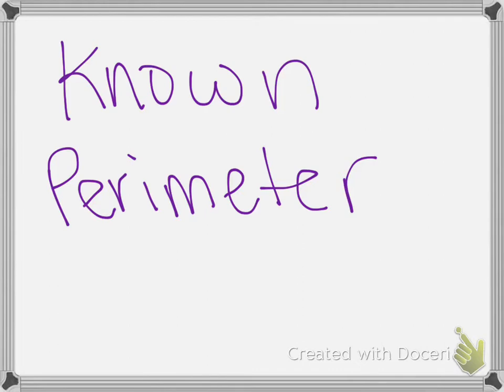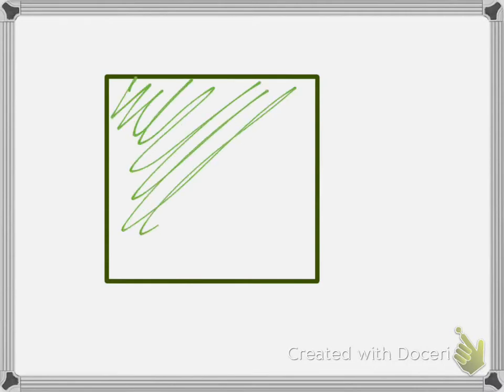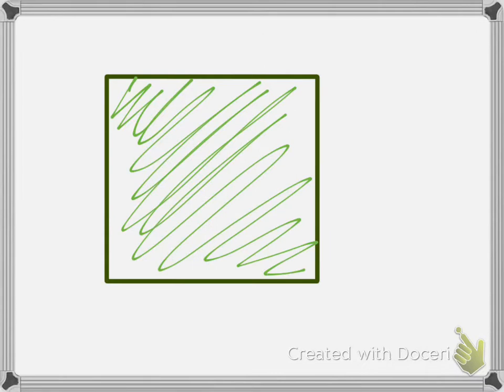So one thing that I should have explained, if you watched the area video first, is that I have a square in the room, and I used green on the inside, and all of the grass, that is your area.